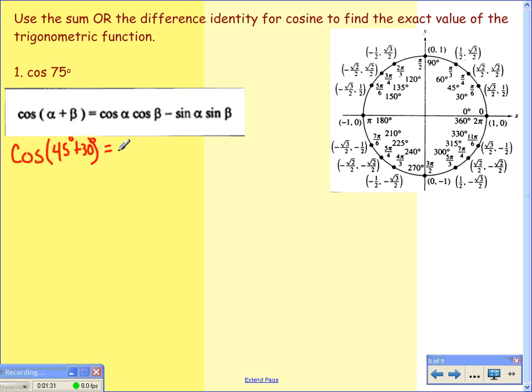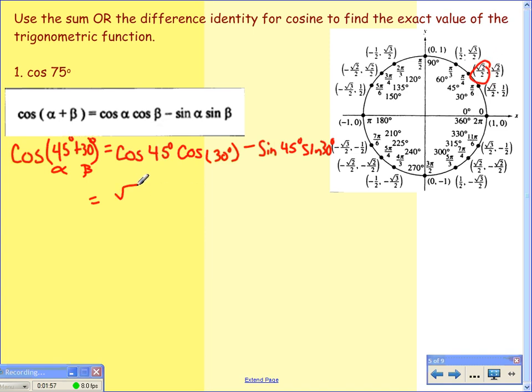And we're going to plug it straight into the formula. The cosine of alpha is cosine of 45, and then the cosine of 30, minus sine 45, sine 30. So this is where our unit circle comes in handy. The cosine of a 45 is square root of 2 over 2.